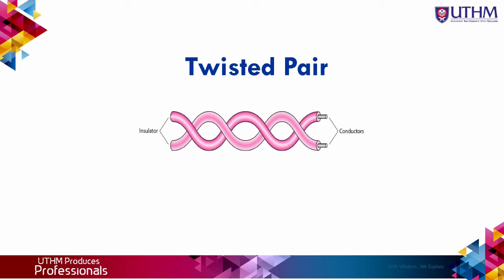The purpose of twisting the wire is to reduce electrical interference or noise from similar pairs close by. Twisted pairs can run several kilometers without amplification, but for longer distances, repeaters are needed.